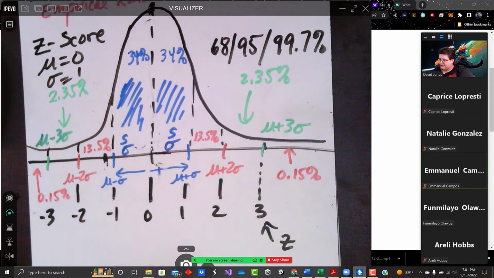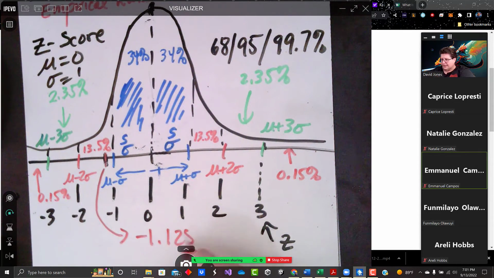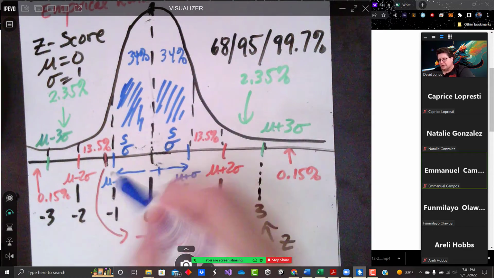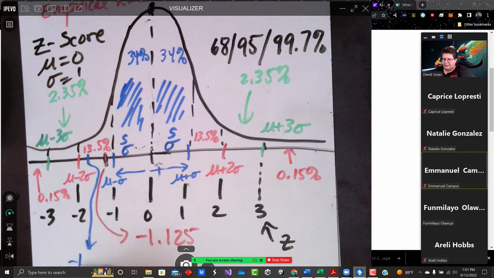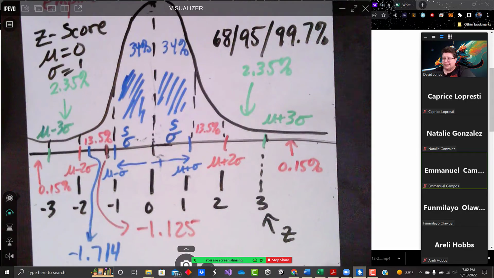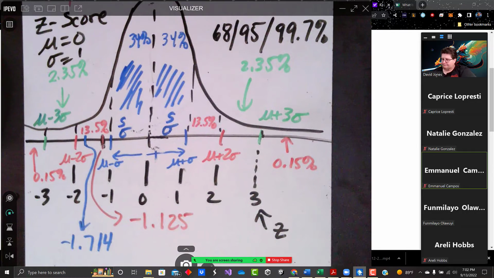And David is still here. My negative 1.125 is right about there. And we had negative 1.7, which is closer to negative 2 than negative 1. It's further over here. So that's negative 1.714 for Brooke. So I am closer to the average for my gender than Brooke is.